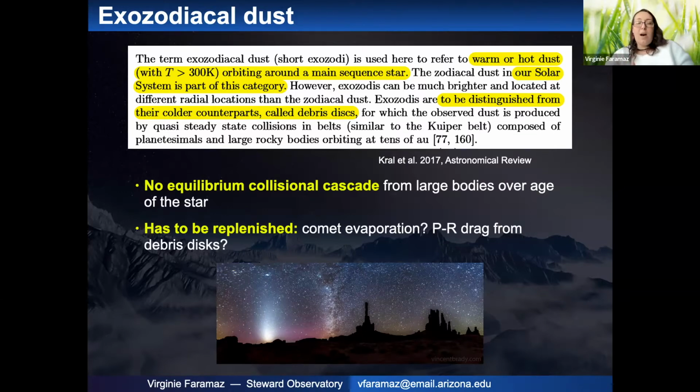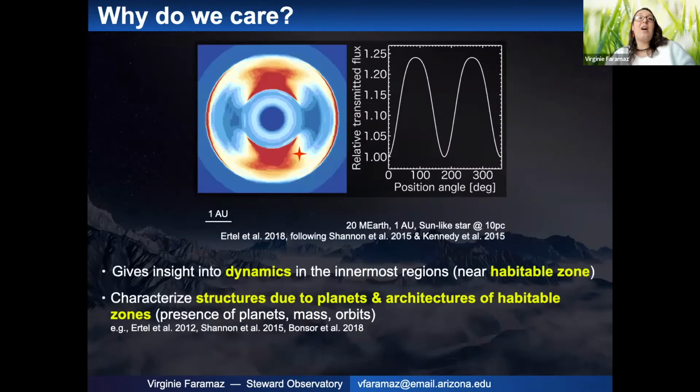So why are we interested in this? I briefly mentioned that it was related somehow to a population of larger bodies further out in the system. So it gives us insights on the fact that there is a cold population further out on larger scales, but it also gives us insights into the dynamics of the innermost regions around the star and near the habitable zone.